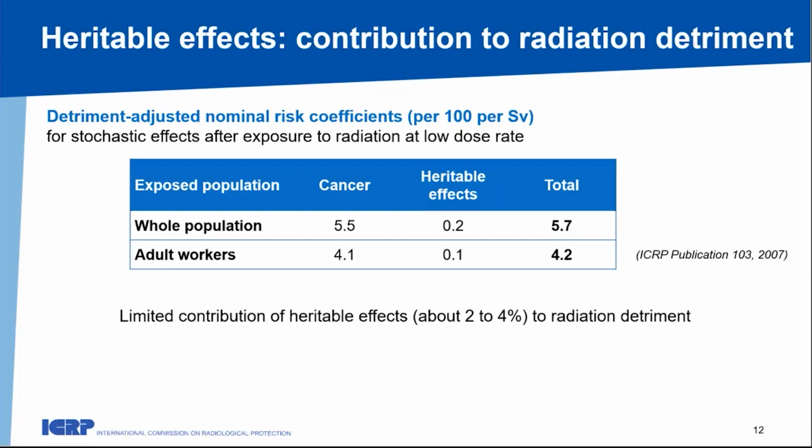Sorry. Yeah, just one point to be considered. If we go toward one table with cancer and one table with hereditary effect, then we may have consequences on the effective dose.